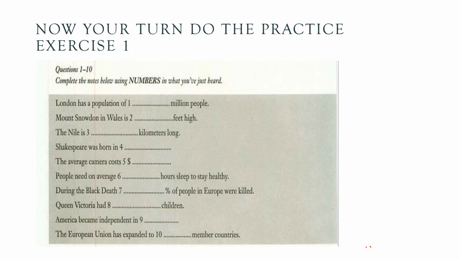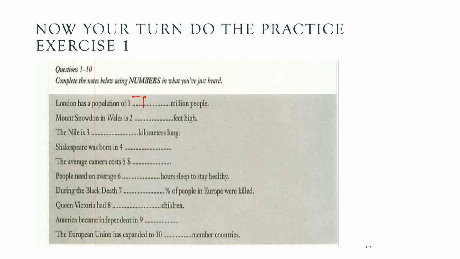London has a population of 7 million people. Mount Snowdon in Wales is 2,927 feet high. The Nile is 1,529 kilometers long. Shakespeare was born in 1564. The average camera costs $299.